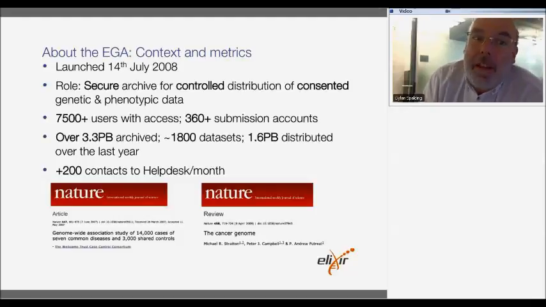And we've distributed over the last year 1.6 petabytes of data. We have a help desk, which has around 200 contacts per month. And some of the example data that we store are Wellcome Trust Case Control Consortium genome-wide association studies, and cancer data.